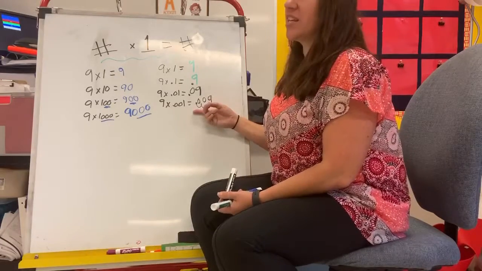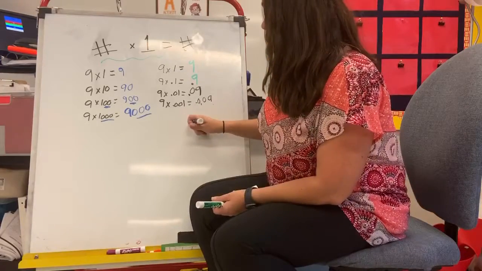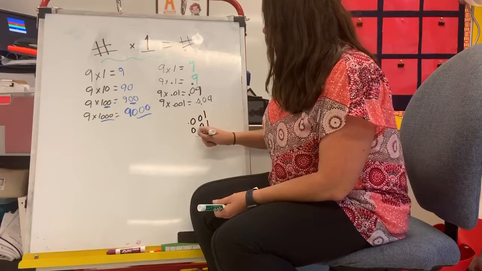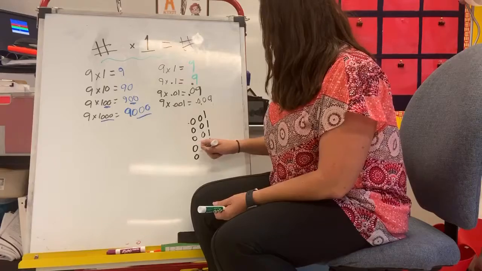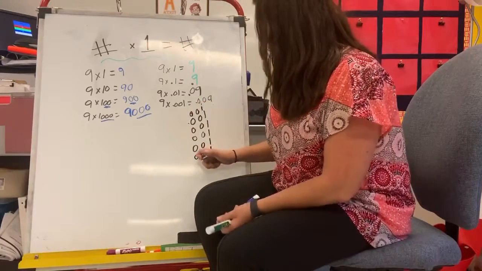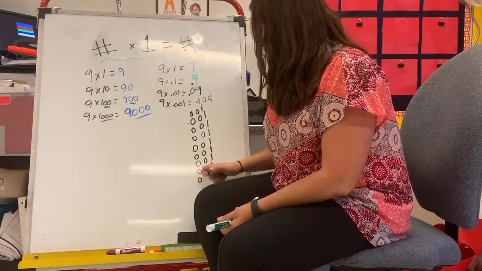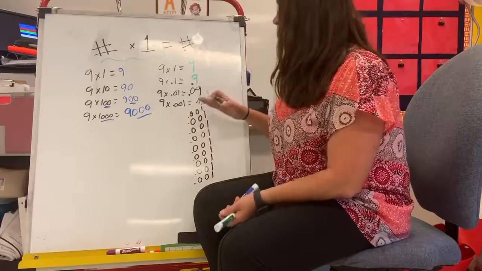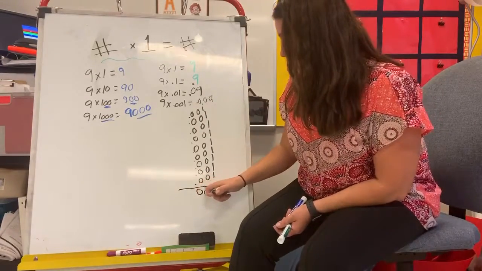And this is pretty easy to check this theory by adding 1/1,000th 9 times. 1, 2, 3, 4, 5, 6, 7, 8, 9. So if I add 1/1,000th 9 times, I know I'm going to get 9/1,000ths.